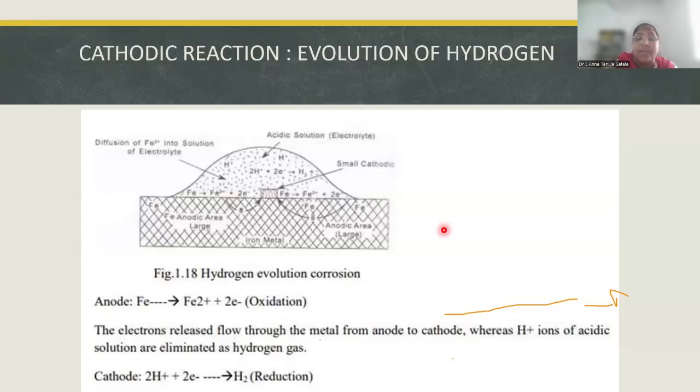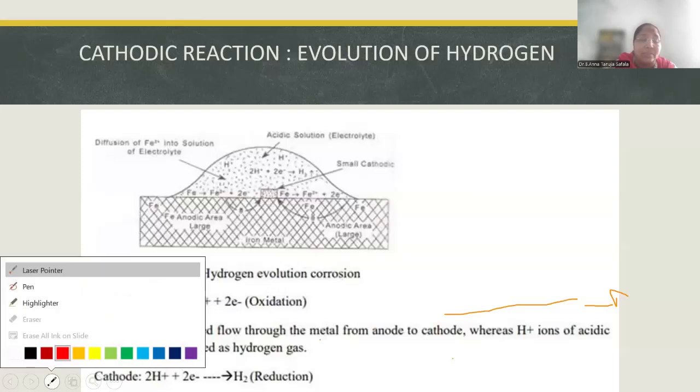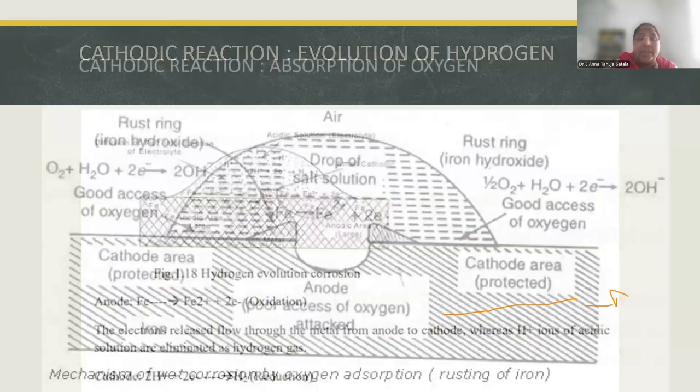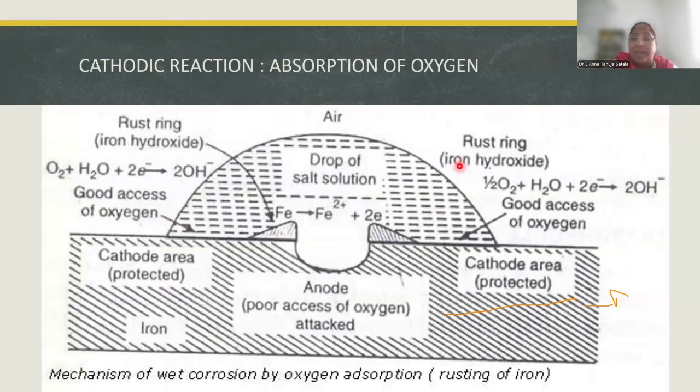Then if we come to the other part, that is the cathodic reaction mechanism through the absorption of oxygen. For this, I am considering iron metal as usual, where a large cathodic area is there.